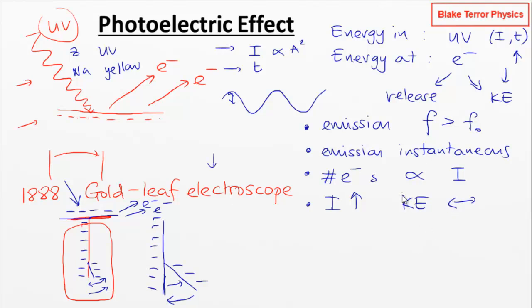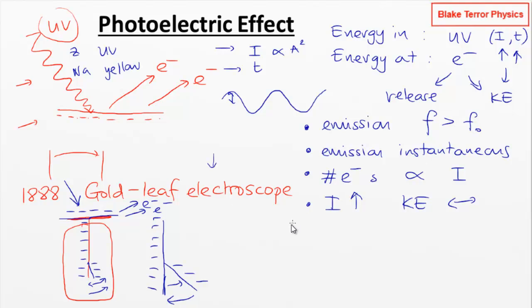There is no relationship there between intensity and kinetic energy. What you're getting from the intensity increasing is more electrons emitted. So again, another problem. We've kicked both the T and the I into touch here from our expectations.